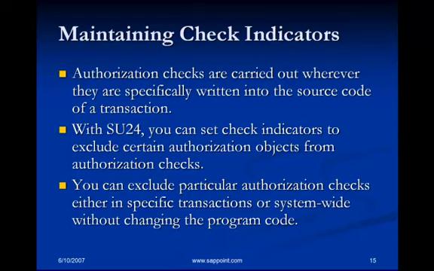What it means is that if you make it check, or you make it uncheck, those objects will not be checked for authorizations. You can exclude particular authorization checks either in specific transactions or system-wide without changing the program code.